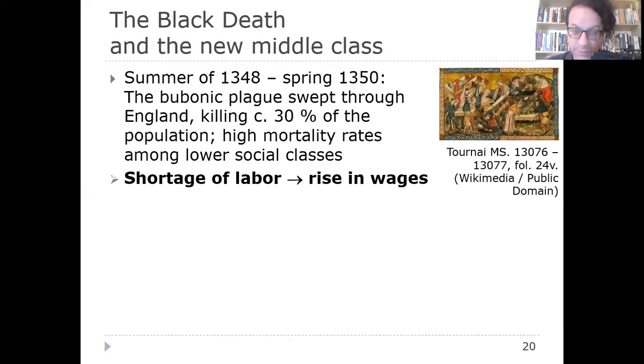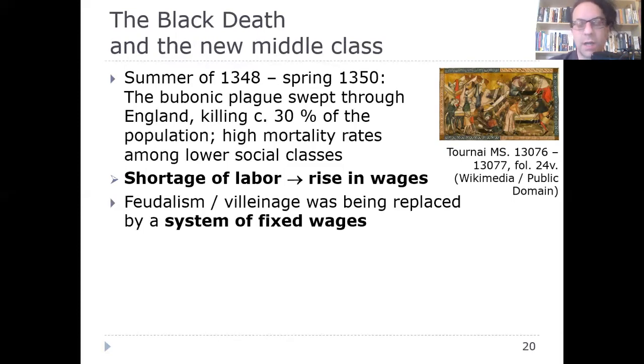Having so many lower class people die all of a sudden led to a shortage of labor. Labor means people with practical jobs, like building houses, making roof tiles, making roads, and so on, just to name a few examples. And this led to them being in greater demand, and it ultimately led to a rise in wages.